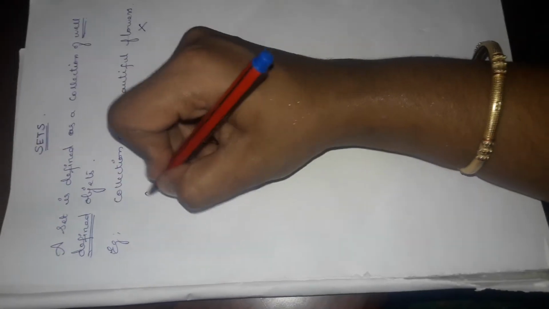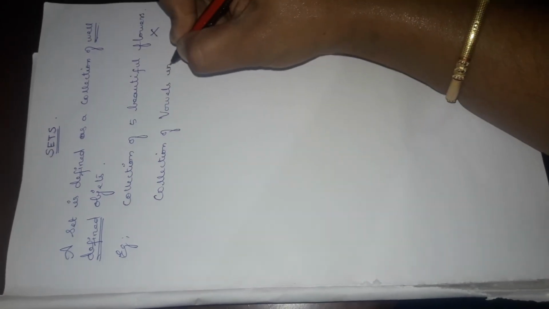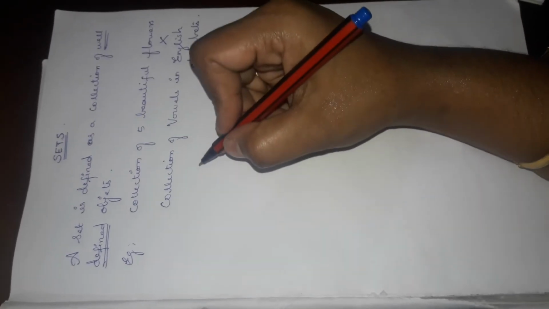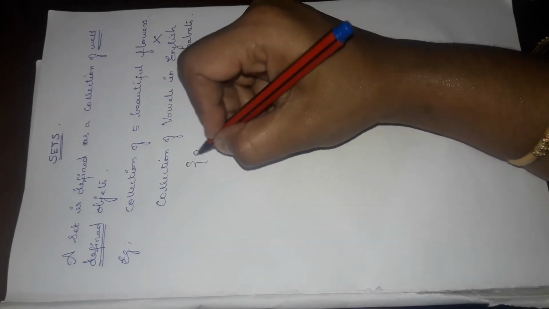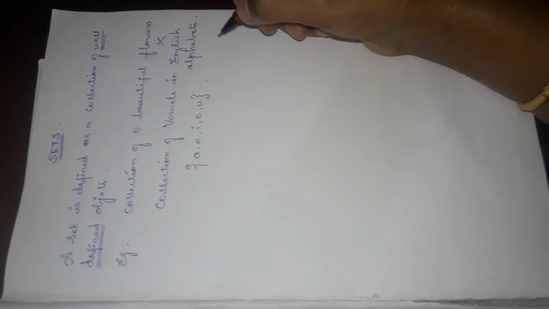If I say a collection of vowels in the English alphabet, then this collection will obviously be A, E, I, O, U for whoever creates the set, right? So this is an example of a set.